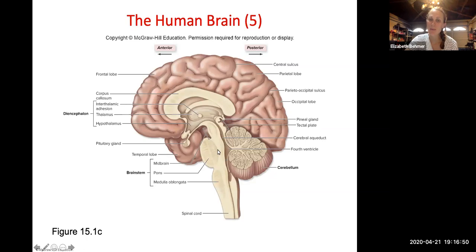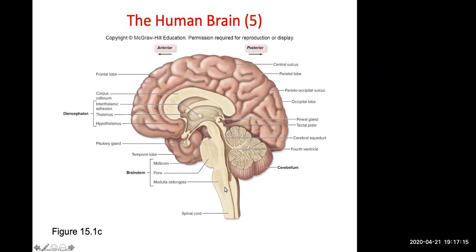Then the brainstem, we have the midbrain, which is this teeny tiny little section that connects up to the thalamus and the diencephalon. The pons is a little kind of out pocket, a bulge of the brainstem. And then the medulla oblongata is the part of the brain that's most caudal or furthest towards the tail. And the medulla oblongata is what will connect directly with your spinal cord going out the bottom.